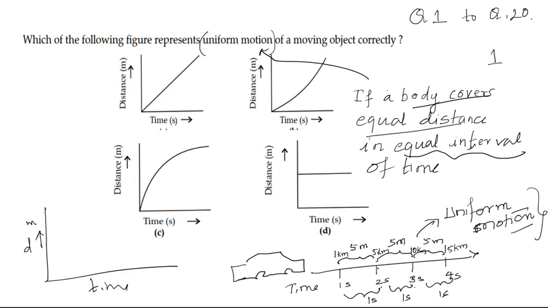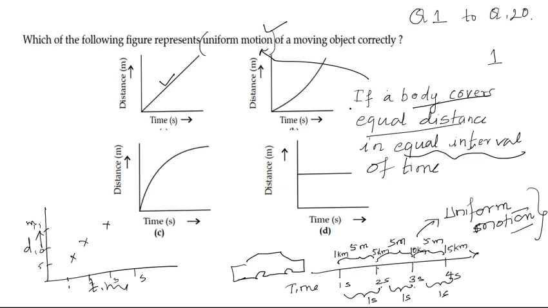I hope you have understood. So every time 5 kilometers is added. If you plot a graph for every 1 second, 2 seconds, 3 seconds and 4 seconds, and 5 kilometers, 10 kilometers and 15 kilometers, you will get a straight line like this. So which of the following figures represents uniform motion?